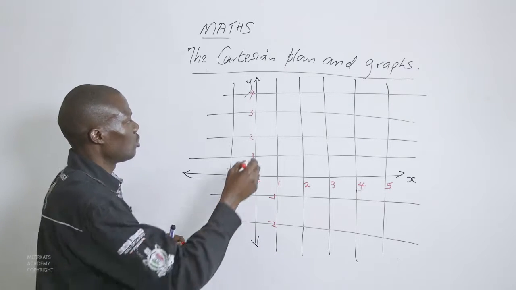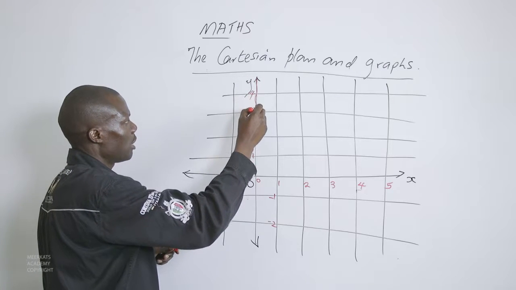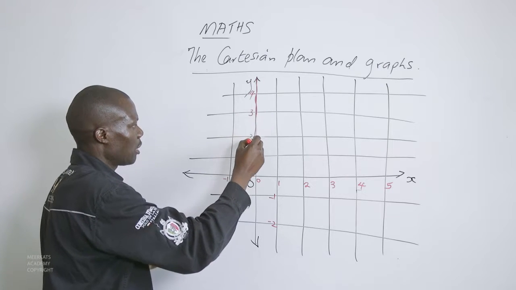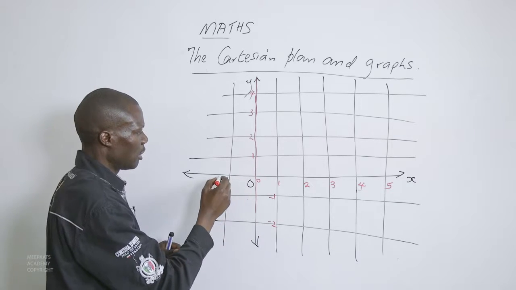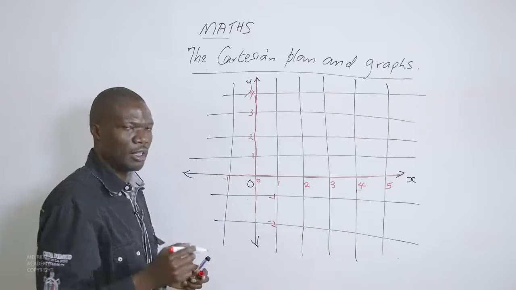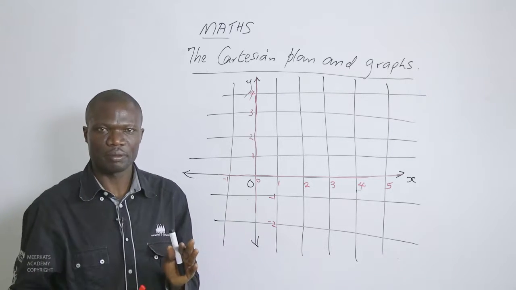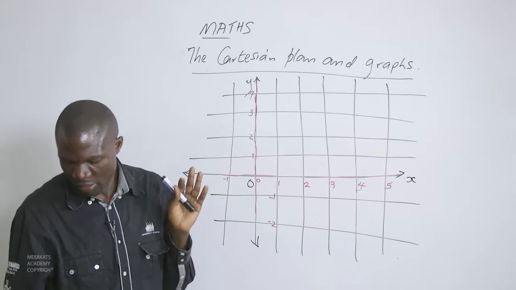It's always good to be able to locate the axis. That's why this line should be clearly known. This is just an illustration. We shall come to illustrate it in a better way. That axis should be clearly known. So this is a Cartesian plane.